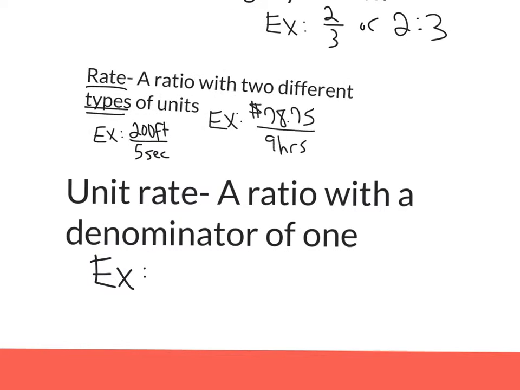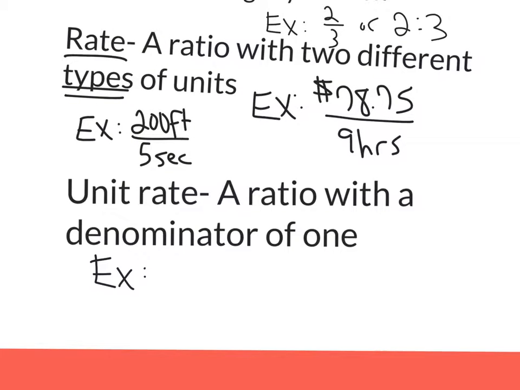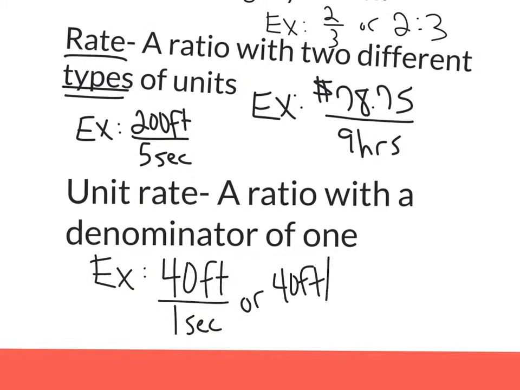We had 200 feet for 5 seconds. If I divide that out, I'll get a unit rate. 200 divided by 5 gives me 40 feet per second, or 40 feet per 1 second if you want to write it with a denominator of 1, or you can just put 40 feet per second.